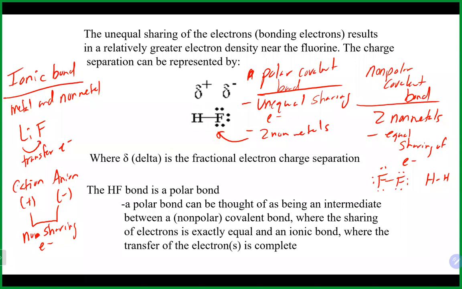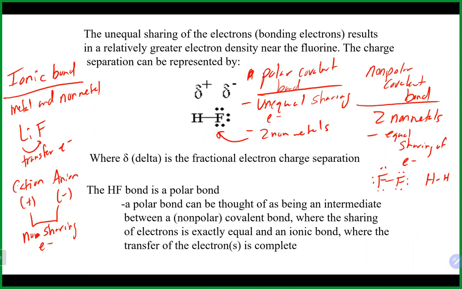So there's still some aspect of sharing happening in a polar bond, even though it's unequal sharing. They haven't fully transferred like they do in an ionic bond, where we get a full positive charge and a full negative charge, because they're still hanging on. There's still some aspect of sharing, and that's why they're only partially positive and partially negative.